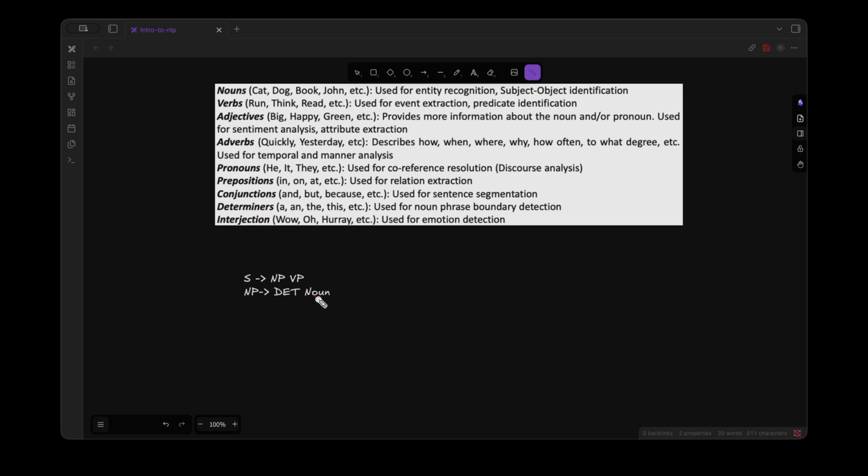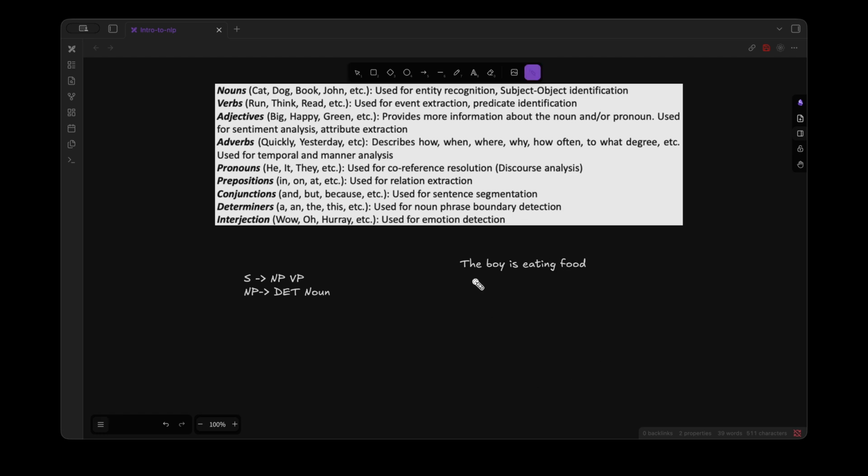Determiners are words like this and the. What do we mean by noun phrase? Something like "the boy" in "the boy is eating food."